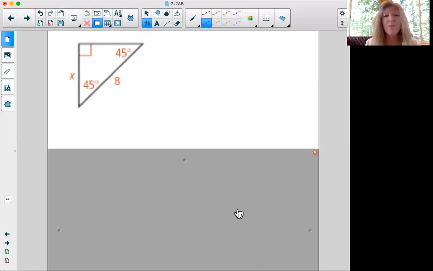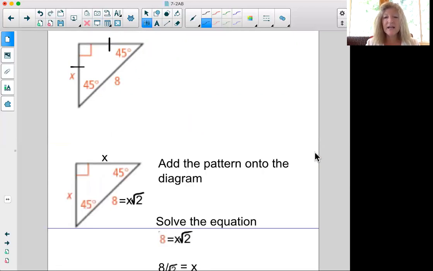So pause, practice finding the missing leg lengths, and then press play for the solution. Again, the first step is to get your bearings. Across from the right angle is the hypotenuse, and I see that it's a 45, 45, 90, which means it's isosceles. So if I could find one leg, I'd know them both. So the next thing I can do is write my pattern right on my diagram.